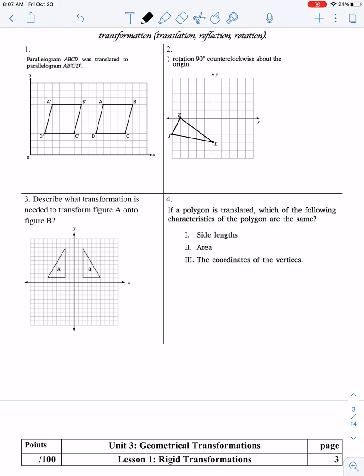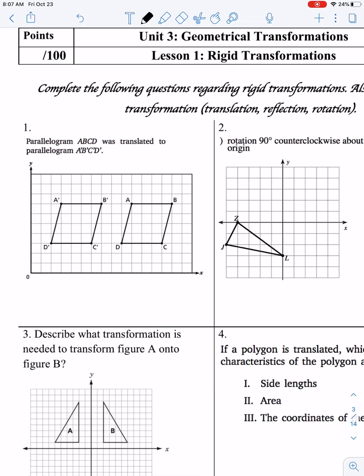So if I think about just point to point, point to point, I'm going to find the transformation that occurred from one point to another, go check my answer choices. If it doesn't have the transformation that I found, then I'm going to mark it off, and I'm going to go to the next answer choice and so on.